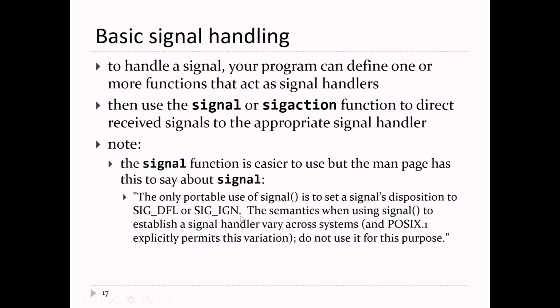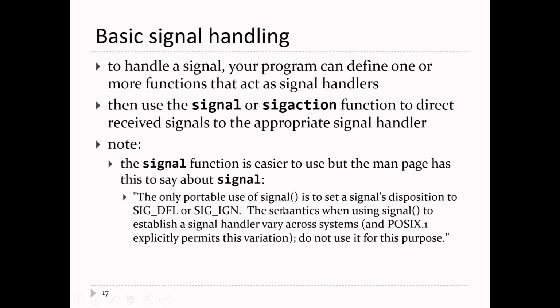The way you listen for a signal is to use the signal function or sigaction, either one of these two. To handle a signal, your program can define what are called signal handlers. A signal handler is just a function that listens for a particular signal. The signal function is easier to use than sigaction, but if you read the man page for signal, it basically says don't use it.